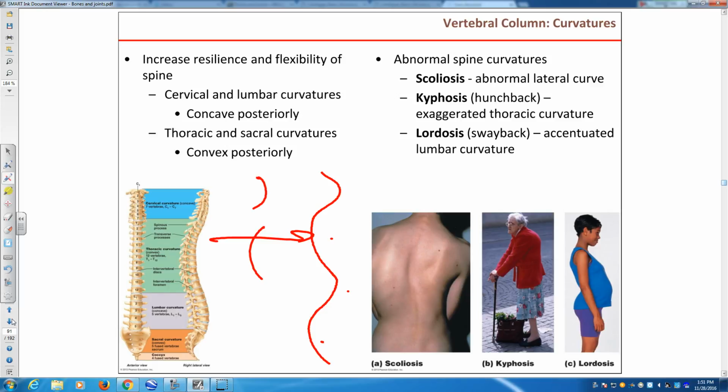So what is the important part? What can you compare the curvatures to, function-wise? It's like a coil, right? If that thing would be straight, every jump, you'd be jumping on straight legs.